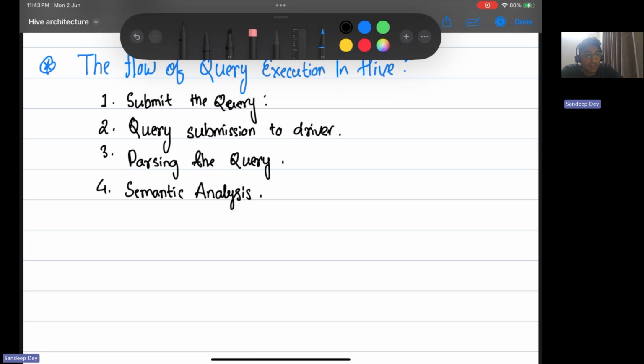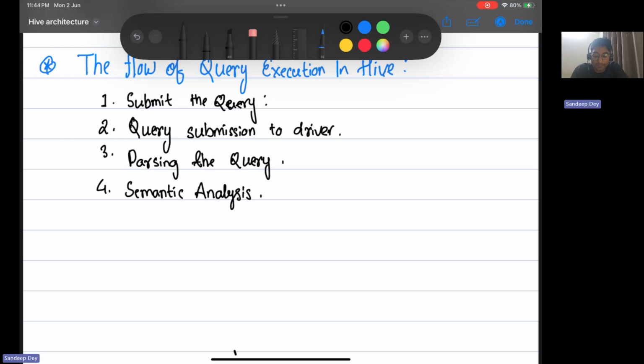It ensures that the table, columns, and other elements referred to in the query actually exist and are correctly used. Not syntax exactly, it will validate whether your data is actually present or not. Right? Semantic analysis.